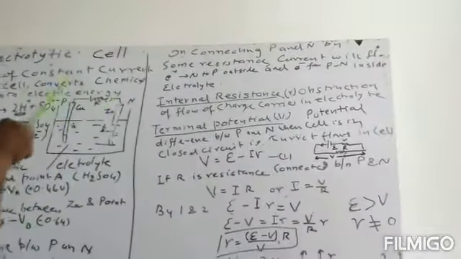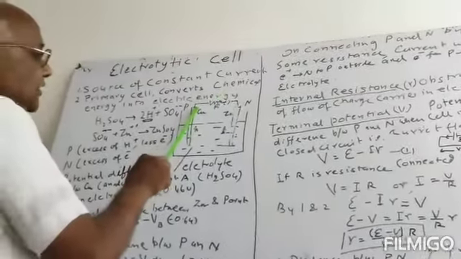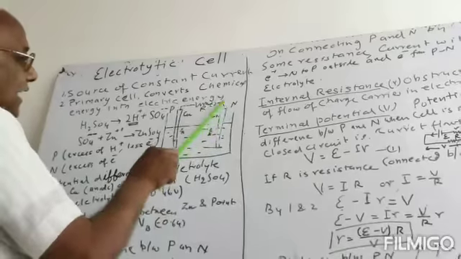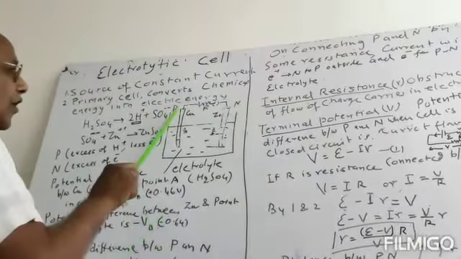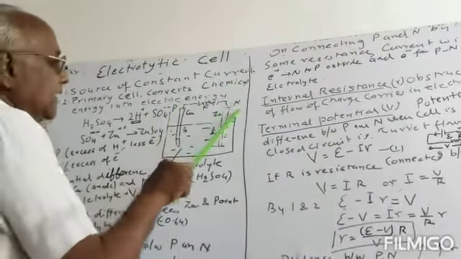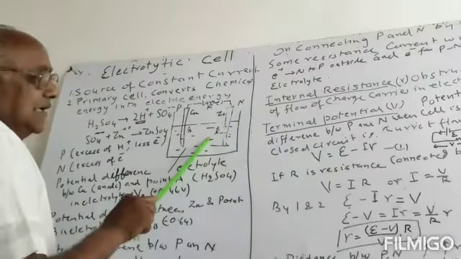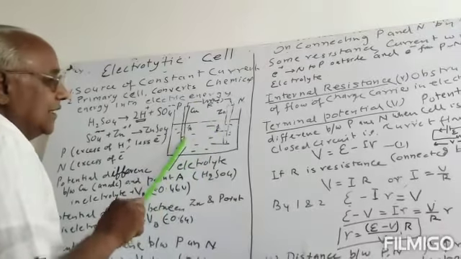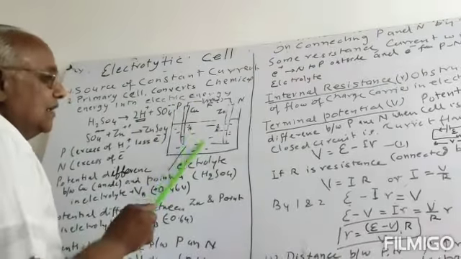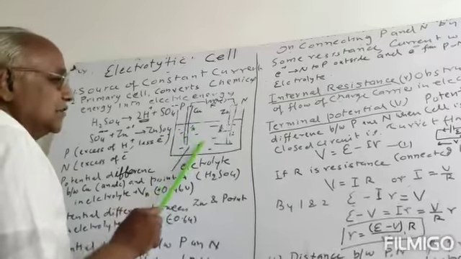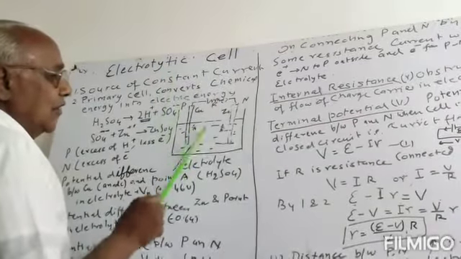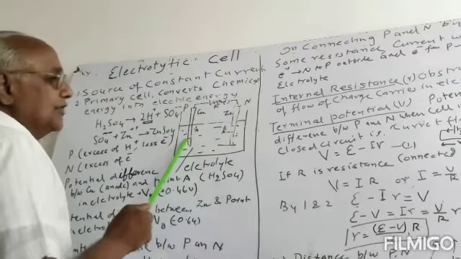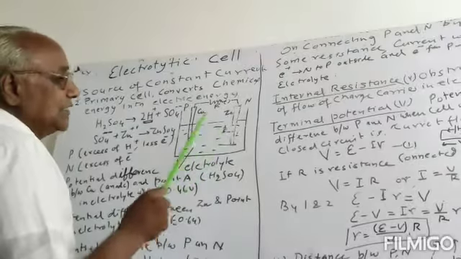Now if we connect the positive and negative electrode with a resistance, current will flow from P to N outside and N to P inside. When the current is flowing through the electrolyte, it will offer a resistance, because of the presence of the ions of the electrolyte, there will be obstruction in the flow of charge carriers.